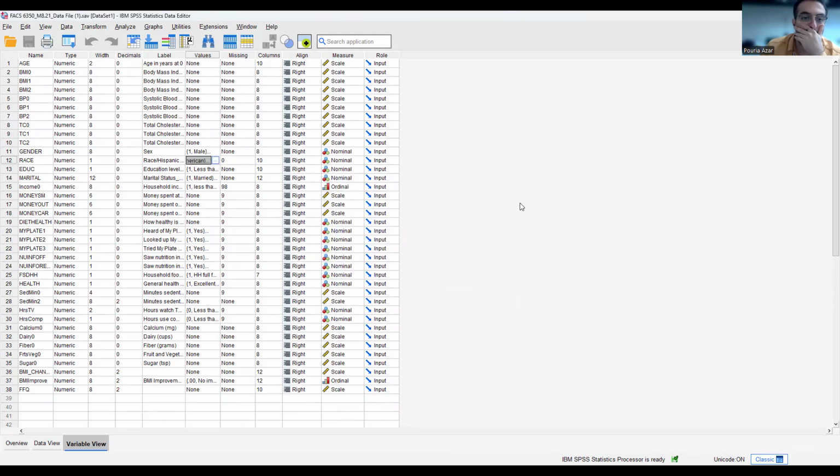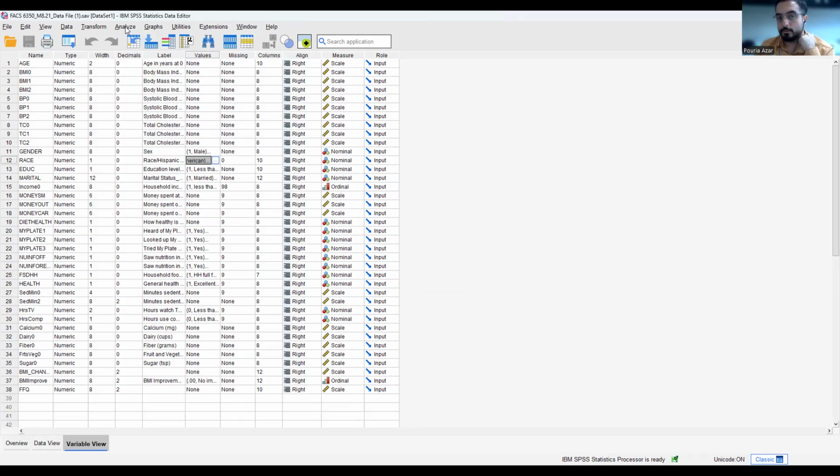So I'm going to see whether total cholesterol at baseline differs by race. So I need to run one-way ANOVA. Why? The total cholesterol at baseline is my dependent variable and it is a continuous variable. It is ratio level. And my independent variable is my groups, and my groups are by race.